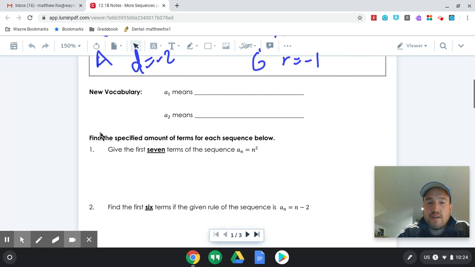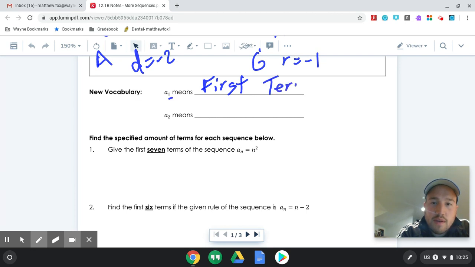If we scroll down here now, it says new vocabularies. I don't know if it's vocabulary or not, but A1 simply means what is the first term of our sequence. So notice this 1 right here symbolizes first term. A2 then is going to be what is our second term.